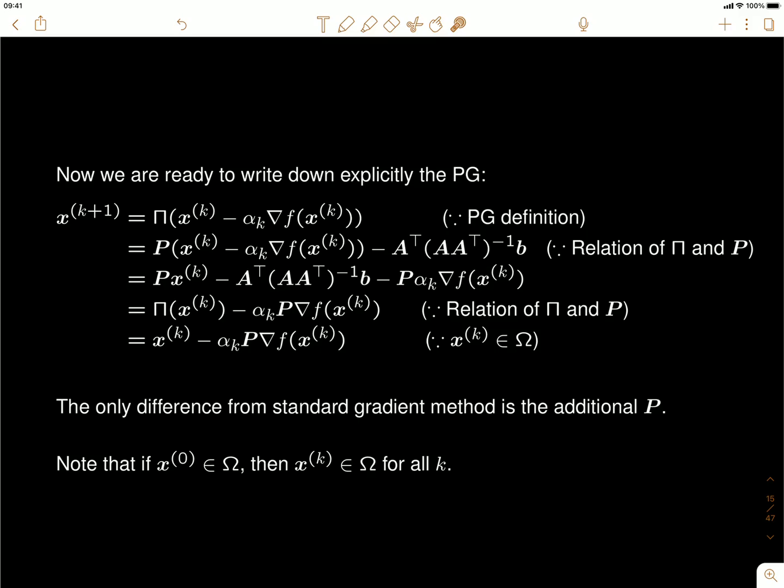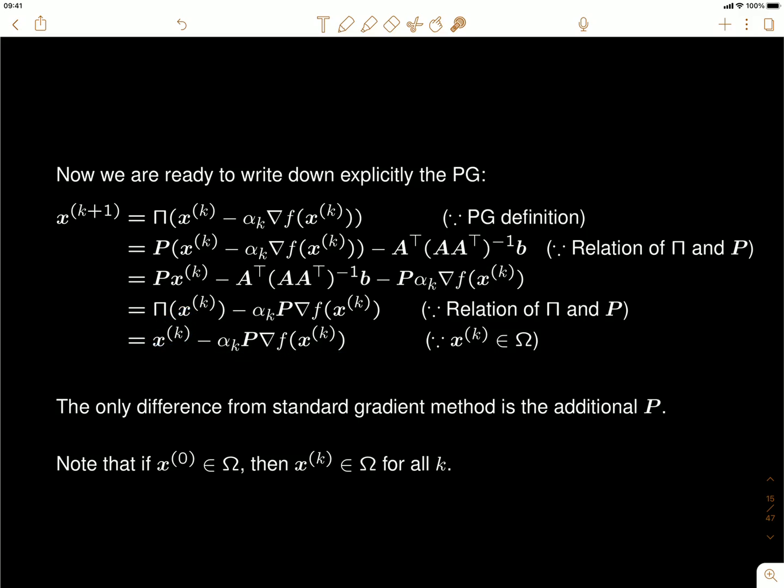Because we're assuming that we start from x0 that is already on the plane, and then we do this progressively, when we get x k, we know that it's still on the plane because we project some point back into omega. So x k is on omega already, and when you project that onto omega, it will be just itself. Okay, so we have that term, and also this last term.